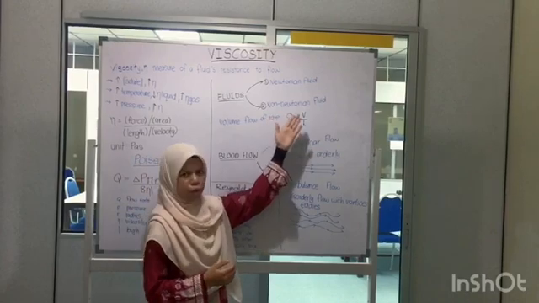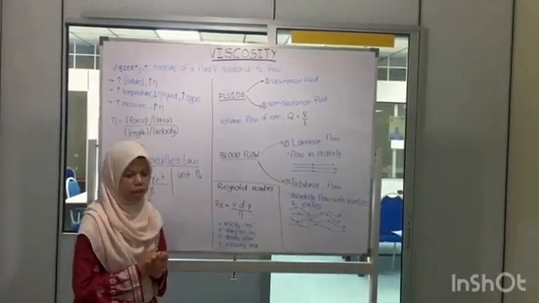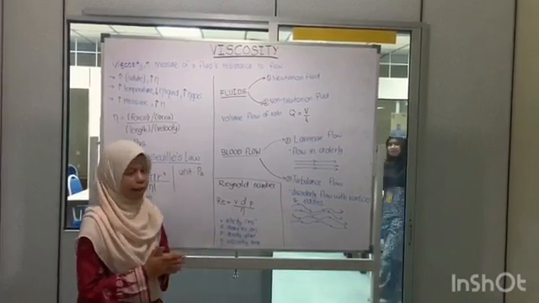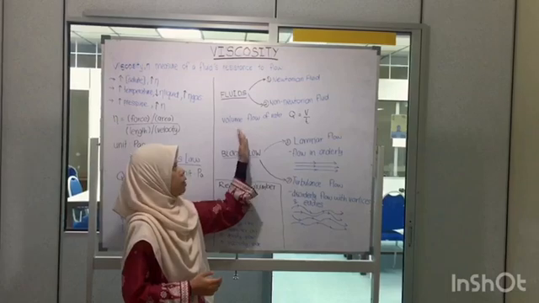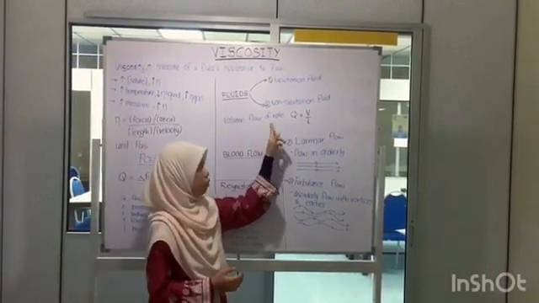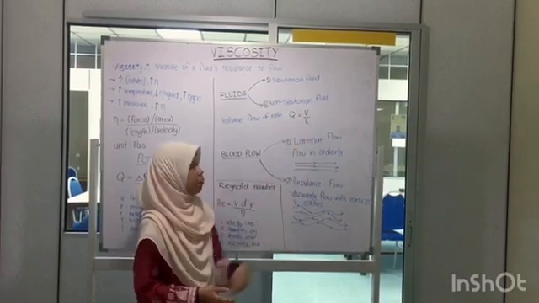Next is the non-Newtonian fluid. In a non-Newtonian fluid, the dynamic viscosity changes with velocity, for example blood. To measure the fluid's flow, we use volume flow rate, which is Q equal to V over T.